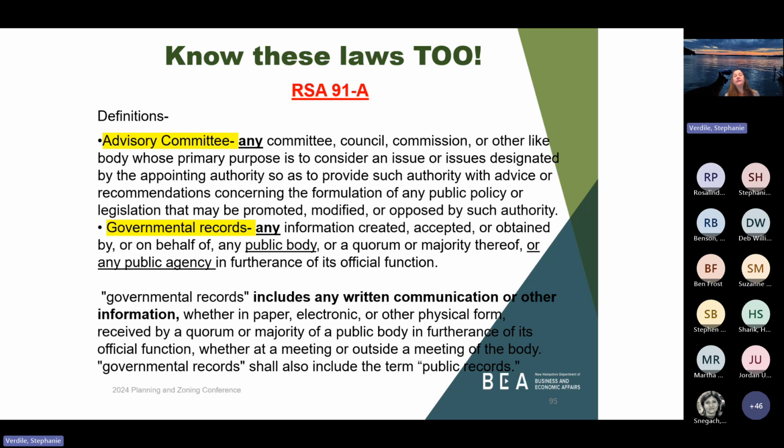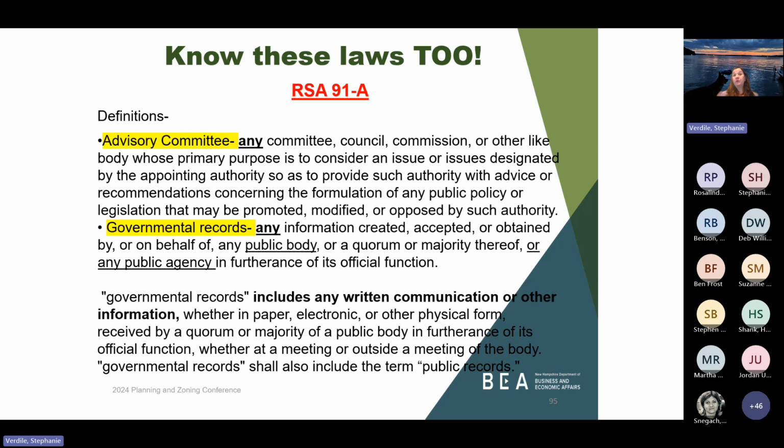And when you're breaking into whether something is a hearing or a meeting, the RSA 91A, which again is the basis for notifications and for public access to governmental records, considers an advisory committee to be any committee, council, commission, or other like body whose primary purpose is to consider an issue or issues designated by the appointing authority.